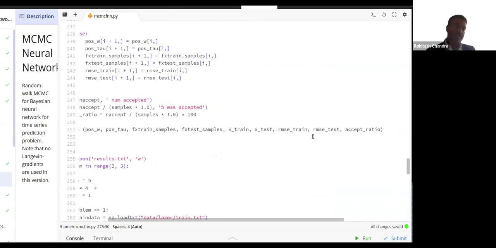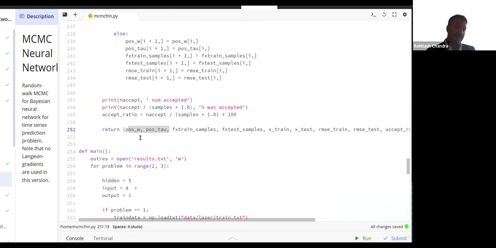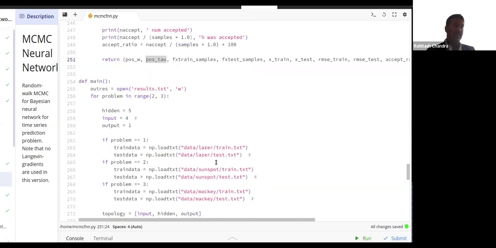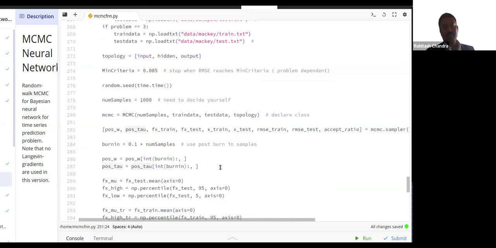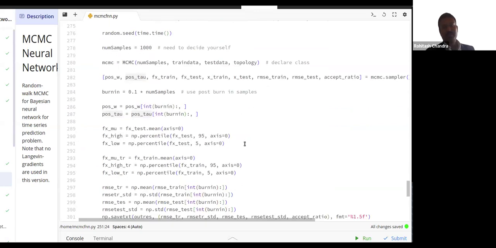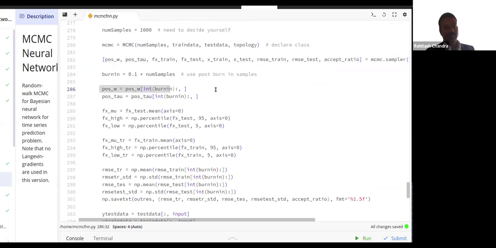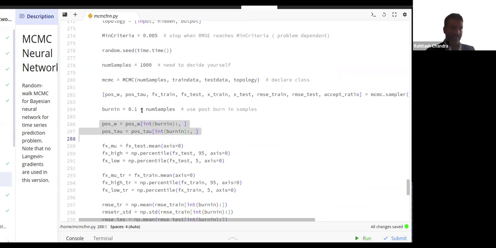And we report the RMSE train and test predictions. We return the posterior of tau and the posterior of the weights and the biases. We get all those values, and then on them we can do the burn-in part where we discard the first samples. In this case, it's 10% of the samples we are discarding.